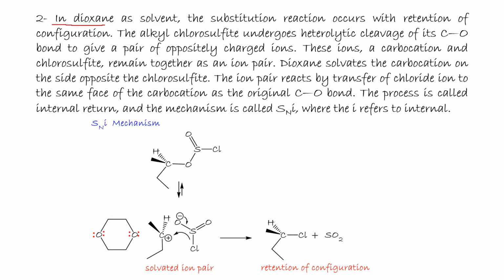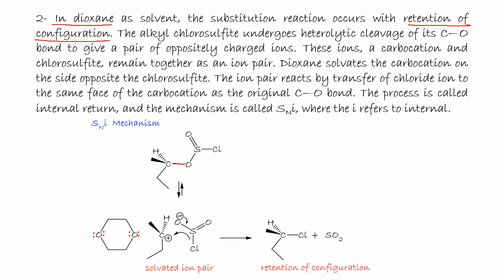In dioxane as solvent, the substitution reaction occurs with retention of configuration. The alkyl chlorosulfite undergoes heterolytic cleavage of its CO bond to give a pair of oppositely charged ions.